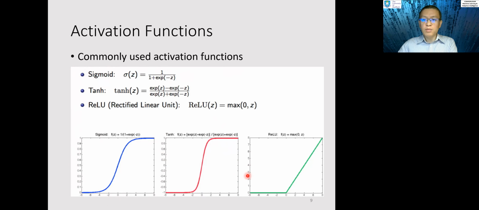It is much simpler and looks like this. That is, for inputs smaller than 0, it basically zeroes out. And for inputs greater than 0, it is just linear. So it is basically a piecewise linear function, which is very simple, but also very effective.